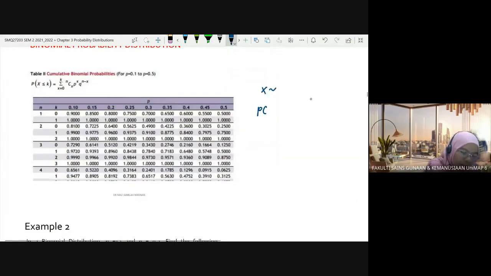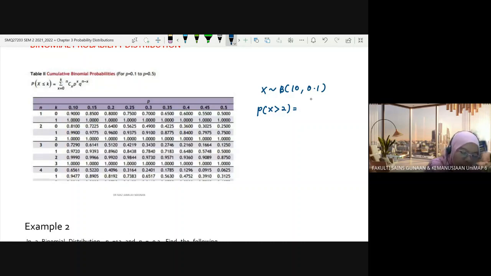Let's say I repeat again, X is distributed binomial with number of trials 10 and probability of success 0.1. Now you are looking for P(X greater than 2). You can use your formula, I know, but you will have to work a lot.